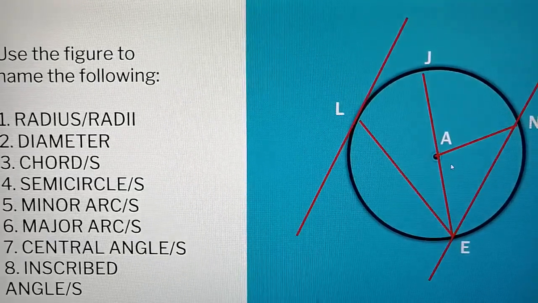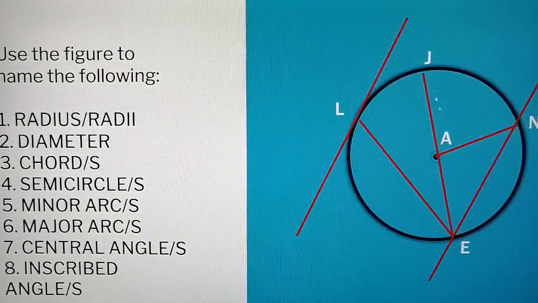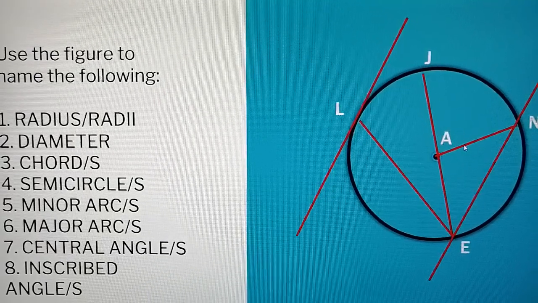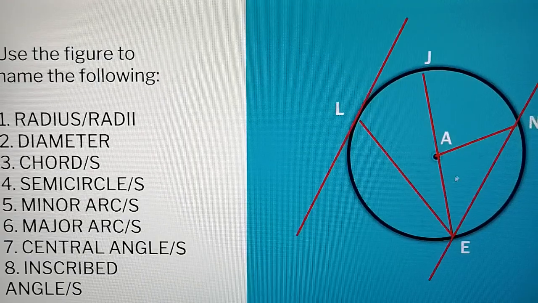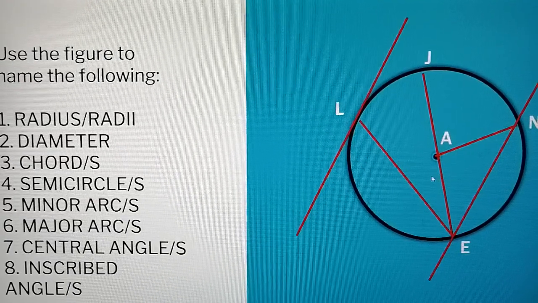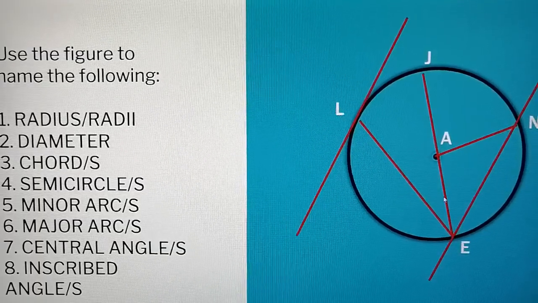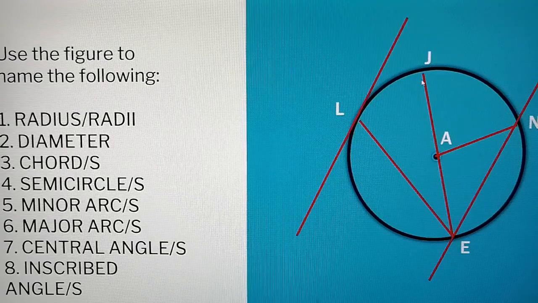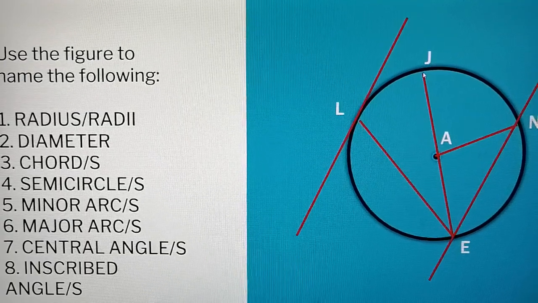Central angle. We have central angle JAN, this angle. Then angle NAE, this angle. What about inscribed angles? We have this angle, and we can name that as angle LEJ. What else?